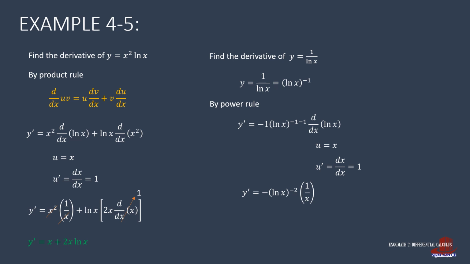Y prime is then negative of ln of x raised to negative 2 times 1 all over x. So y prime is finalized as negative 1 all over x times the square of ln of x.